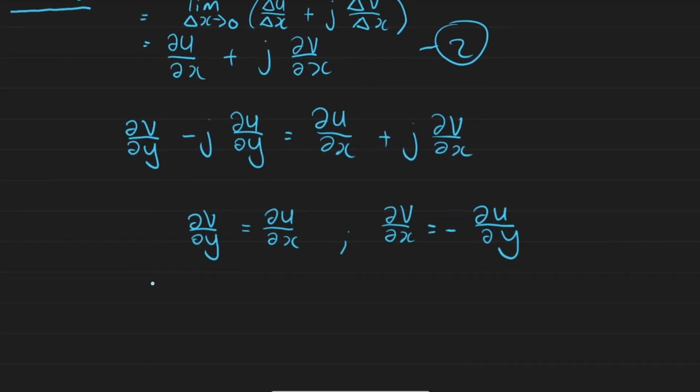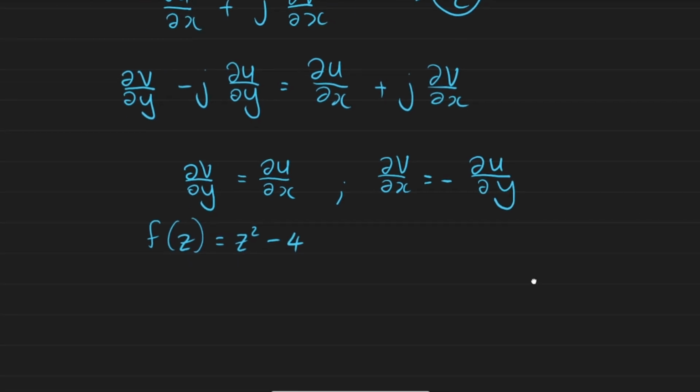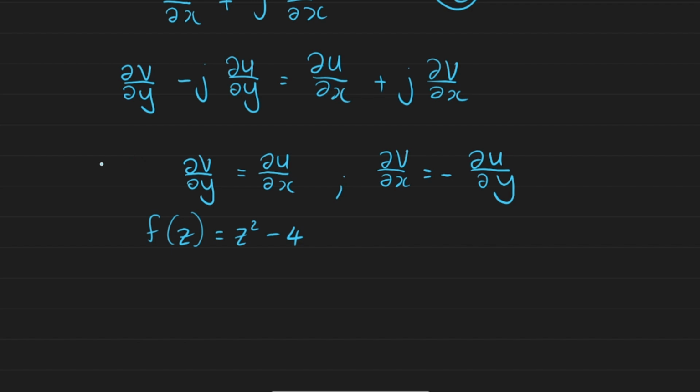So if we remember our example from earlier, we had f of z equal to z squared minus 4, then we can show via this condition. By the way, this is what's called the Cauchy-Riemann equations. These two collectively form the Cauchy-Riemann equations.